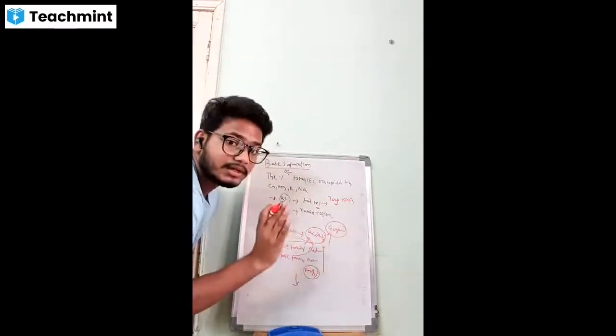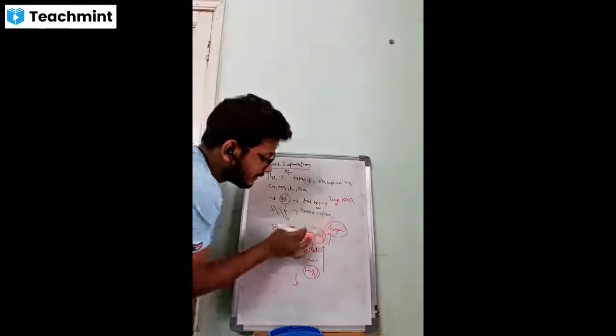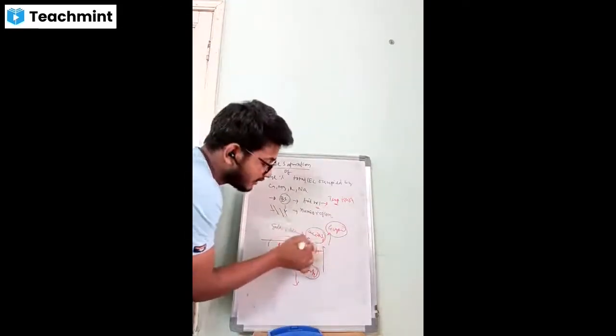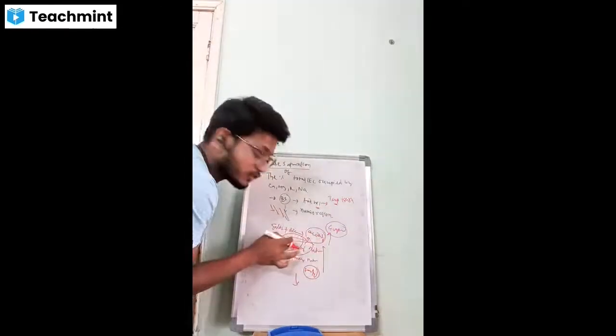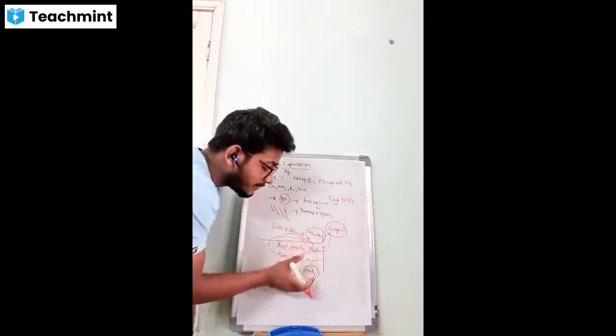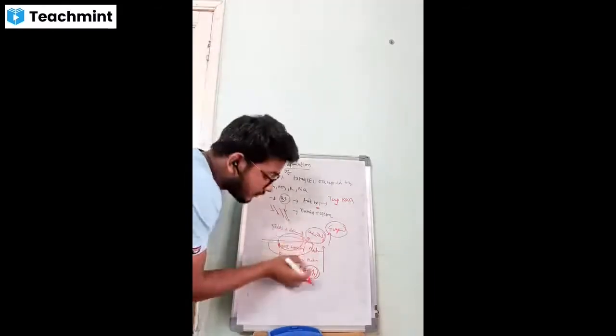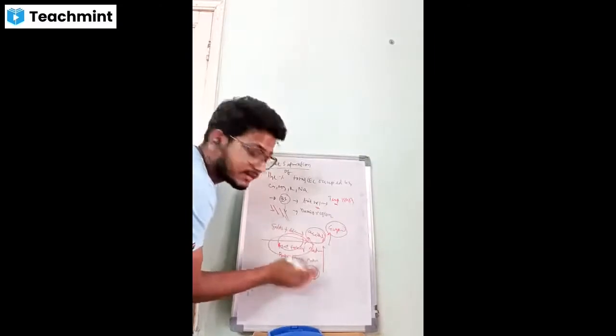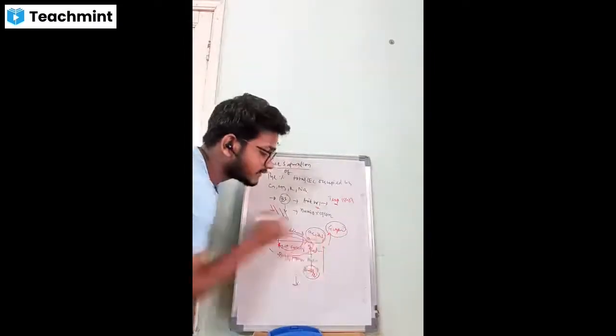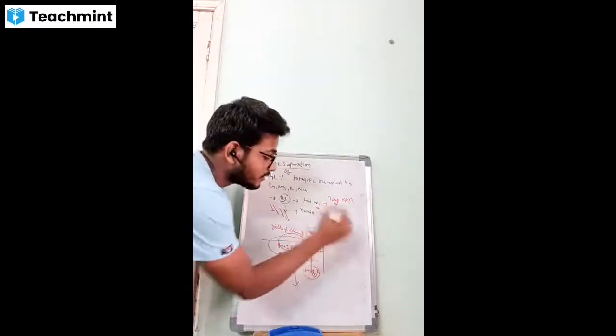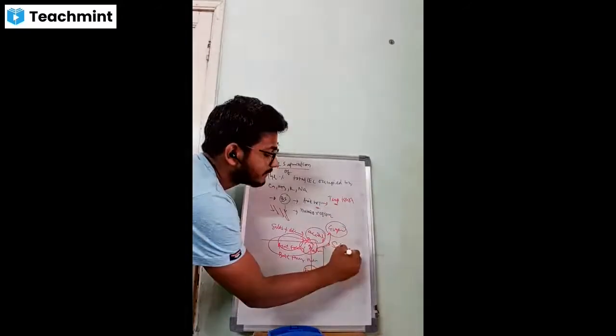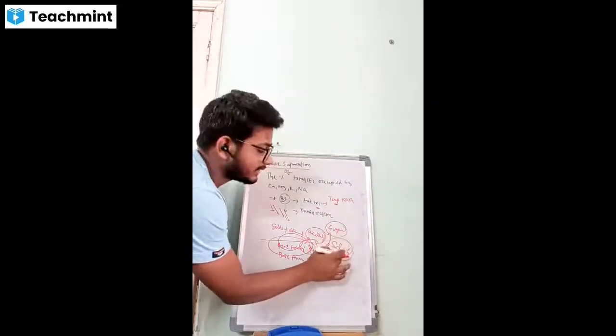Understood? When there is more temperature, heating of the soil occurs. Due to this heating, evaporation of the water occurs. Along with that water, whatever salts are there will come and deposit in the surface layer, which causes salinity.